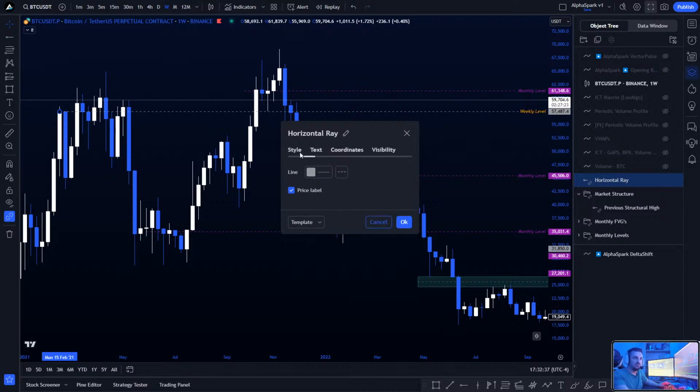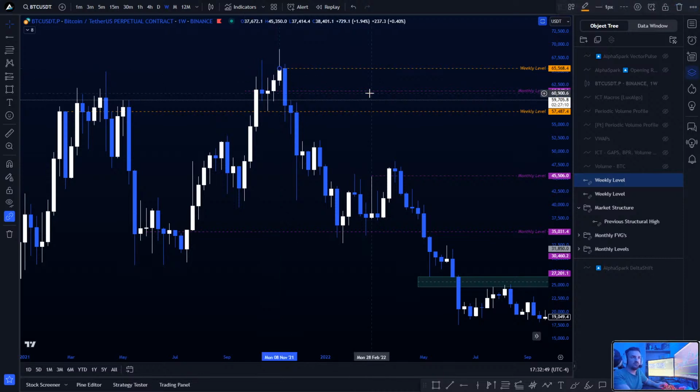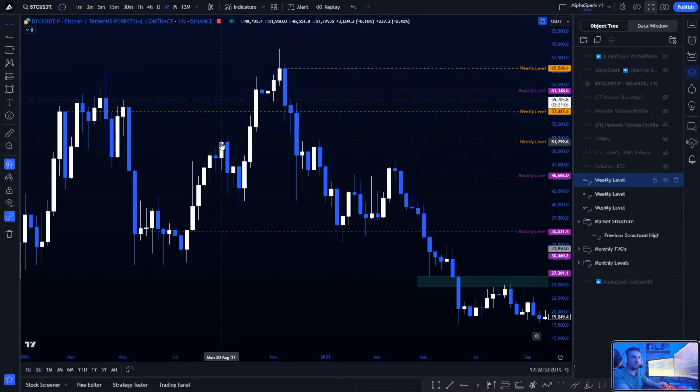Orange could be. Okay, that way I can just copy them. So let's put one over there. Previous all-time high before we get to this 70k, right?